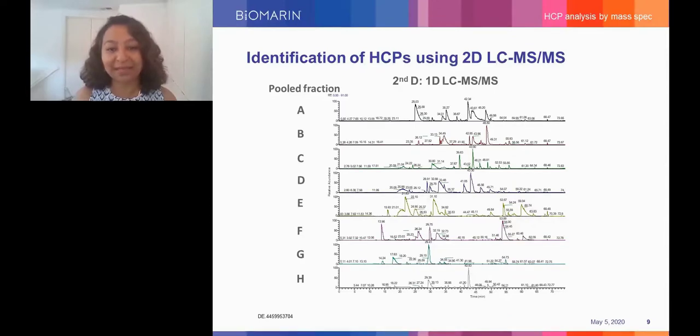And you're pooling them, and that way you're really utilizing your mass spec time. So you can see here in E and F fractions, you see quite a bit of peptides eluting in the beginning as well as at the end, and that's achieved by pooling. So these are pooled fractions, and pooling can be done in many different ways. It's a topic of its own, very interesting.